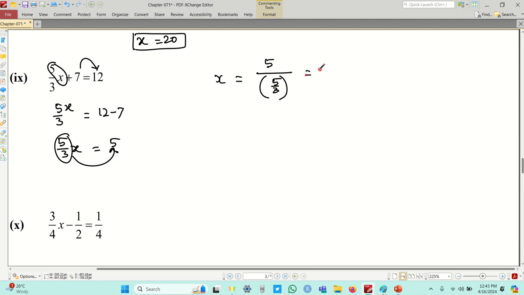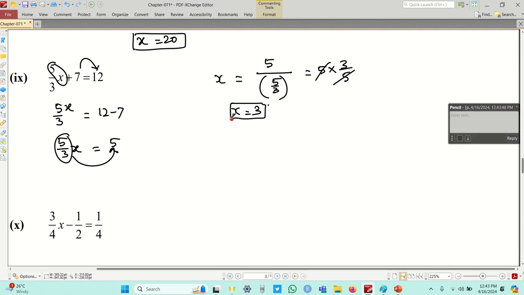Or you can write 5 multiplied by the reciprocal, 3 divided by 5. Now 5 cancels with 5. So x is equal to how much? x is equal to 3 is the answer. This is how we simplify the fraction.